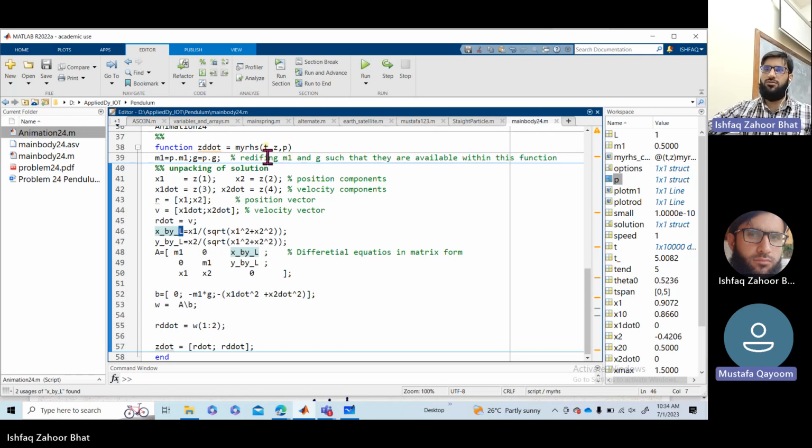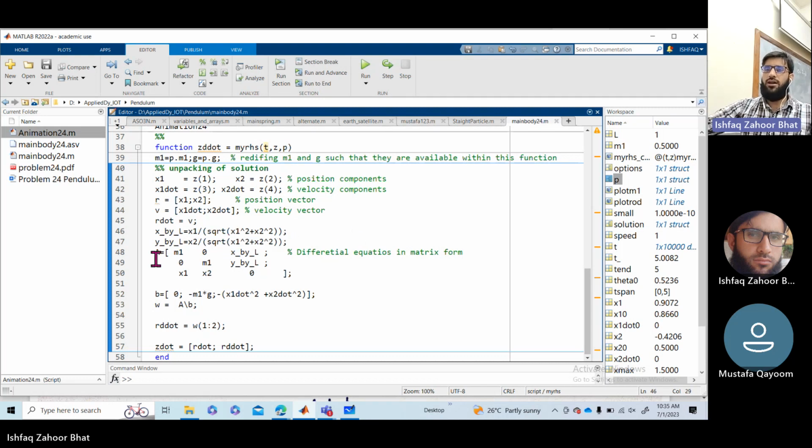We could have also unpacked L here. That is, capital L equal to P dot L, because in this P we have L. But it is okay. I have written it like this. This is also fine. Similarly, y by L is equal to x2 upon this.